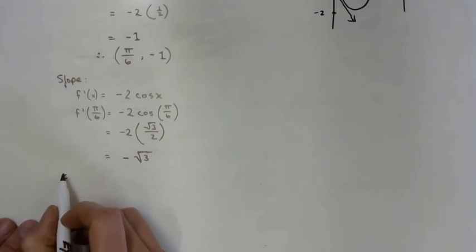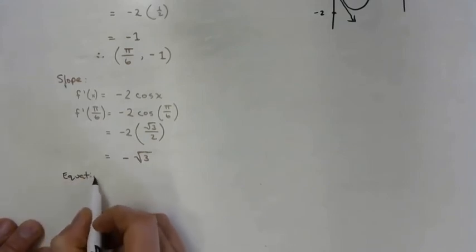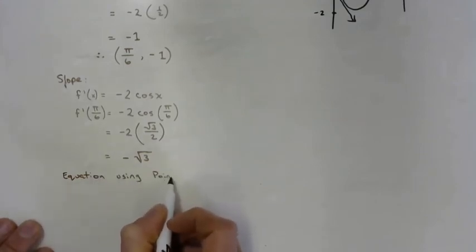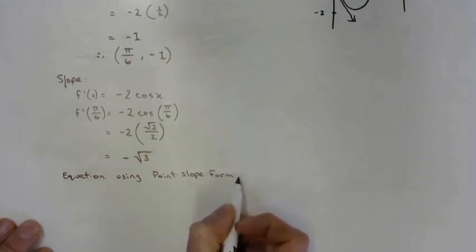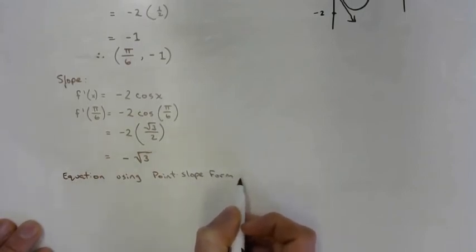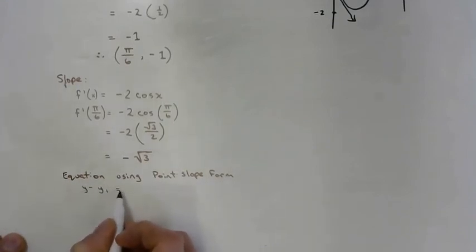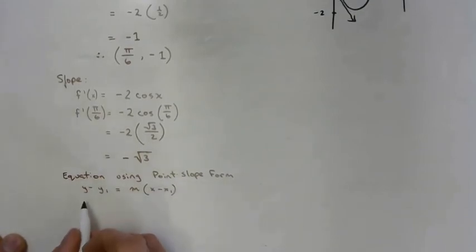And from there, we can get our equation using point slope form, which is y minus y1 equals m times x minus x1. Sub in what we know.